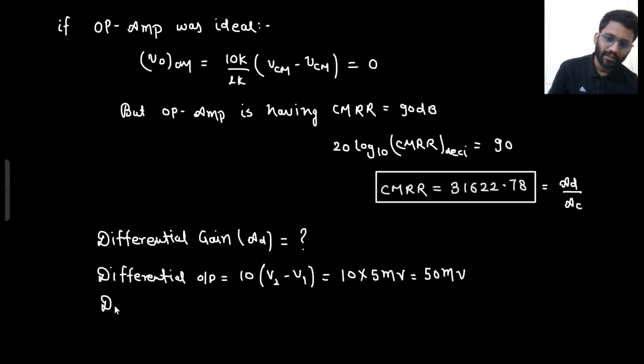And what is your differential input? Differential input is also 5 millivolt. Differential input is V2 minus V1, that is 5 millivolt. So what will be the differential gain?